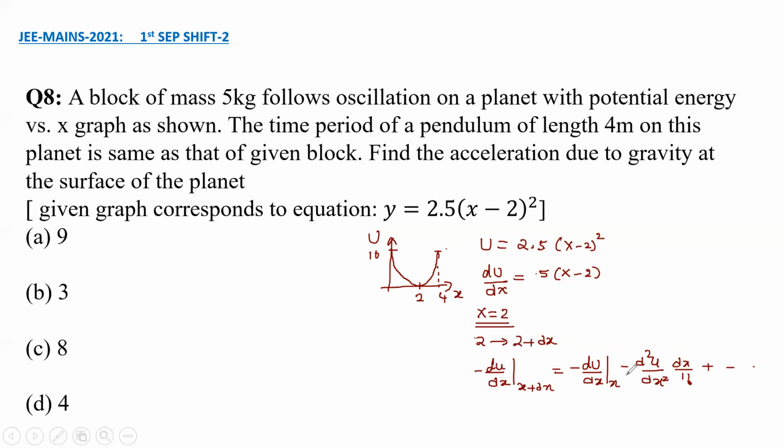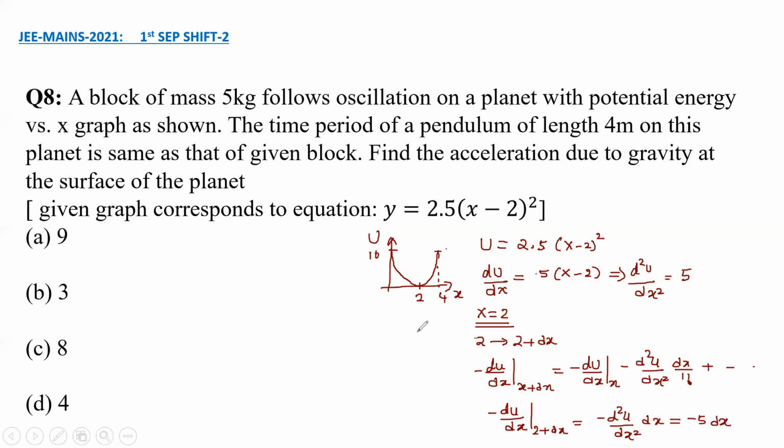Anyway, dU by dx at x equal to 2 is 0, so the first term becomes 0. So the force, minus dU by dx at 2 plus dx, will straight away be minus d square U by dx square times dx, and from the above we can get d square U by dx square to be 5. So minus 5 dx.